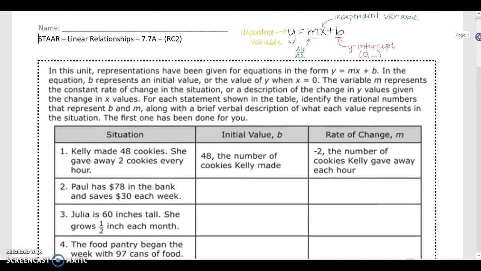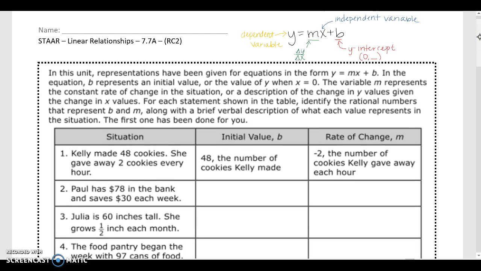All right, so now that we looked at our equation, we can go ahead and look at our table. So here it says in this unit, representations have been given for equations in the form of y equals mx plus b. In the equation, b represents the initial value, or the value of y when x is 0. Okay, so that's our y-intercept.